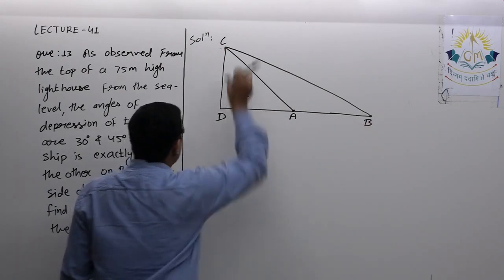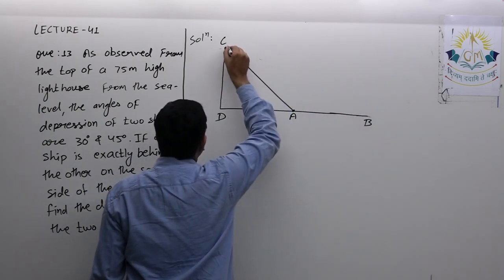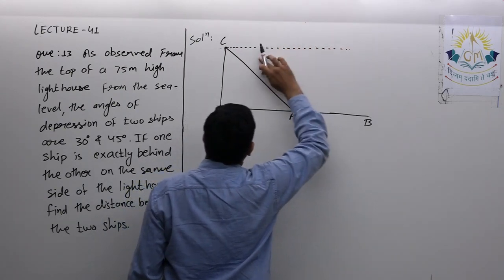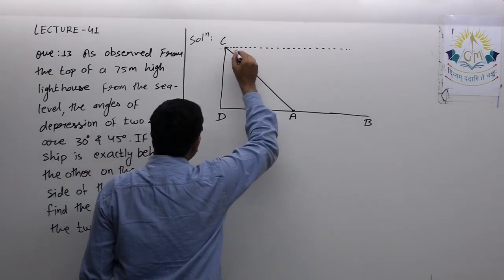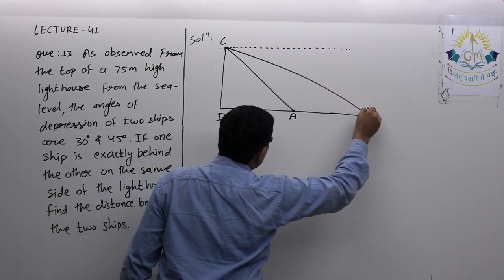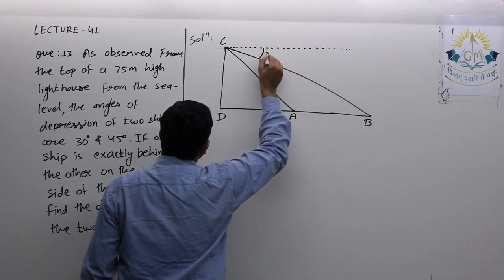So angle of depression. Angle of depression, that means the angle between the line of sight and the horizontal. So for the first ship, angle is 30 degree, and for the other ship, angle is 45 degree. But obviously this angle must be 30 degree, isn't it?